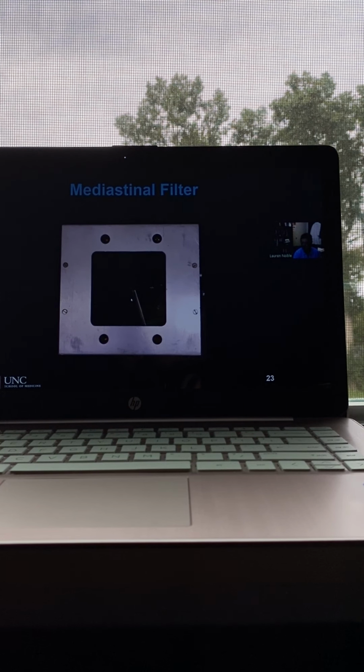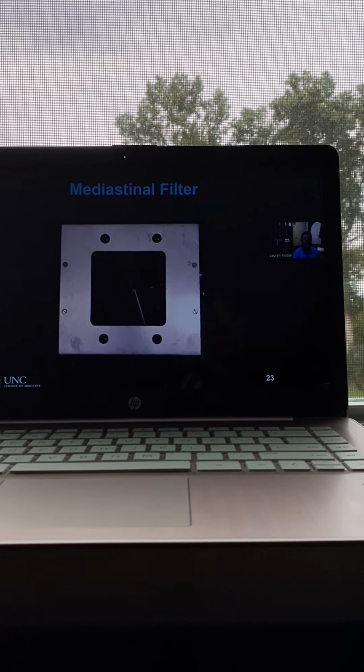You'll notice it's kind of angled to correspond to how the mediastinum is, how the heart is positioned in the body. So here the filter will absorb x-rays so that the lungs don't appear dark, but it will allow x-rays to go through the mediastinal area.